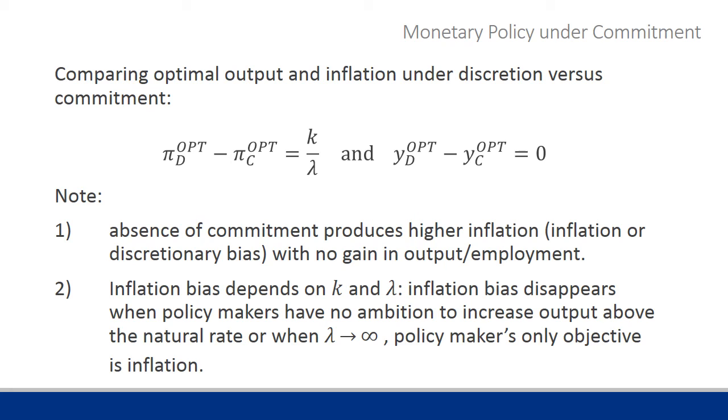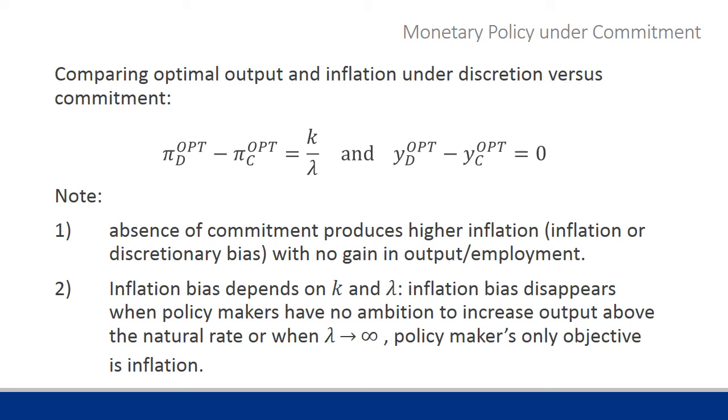The difference in the output rate between discretion and commitment is 0, so they are essentially the same. So under discretion there is higher inflation than under commitment, so there is some cost to using discretion, but it's only a cost in terms of inflation. In terms of output, there is no cost between commitment and discretion.